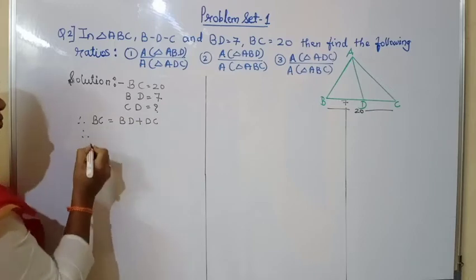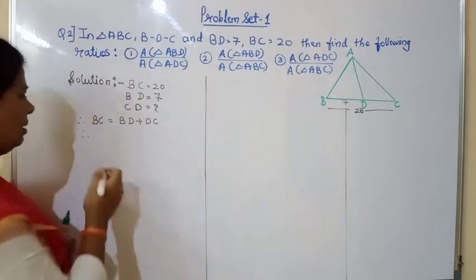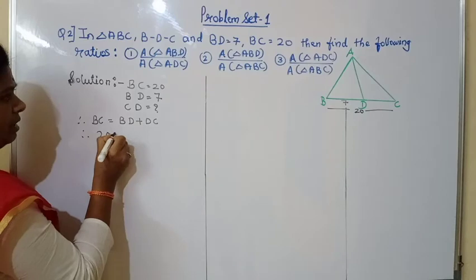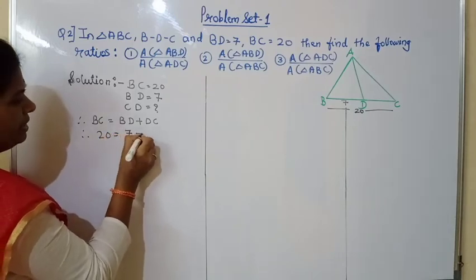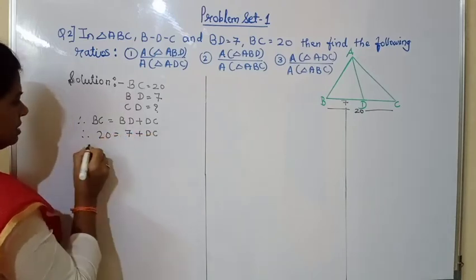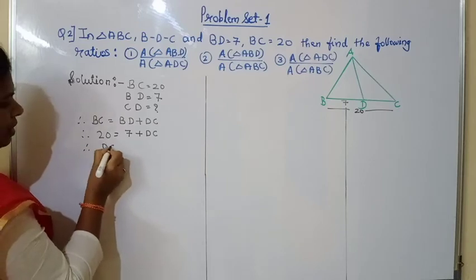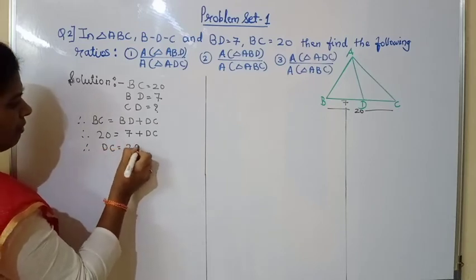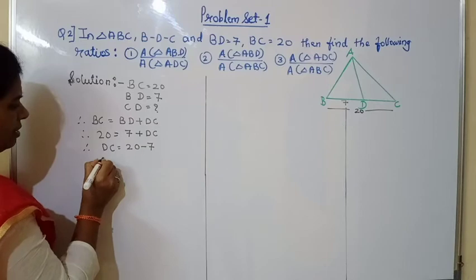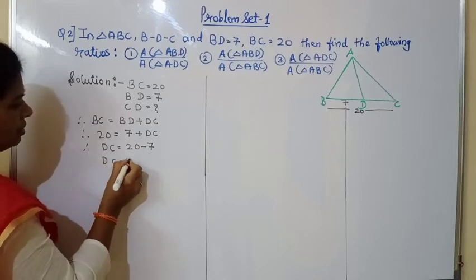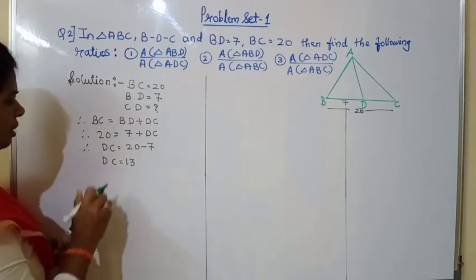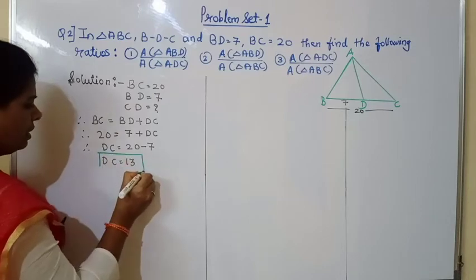Therefore BC is 20, which is equal to BD, that is 7, plus DC. Therefore DC is equal to 20 minus 7. So DC equals 13. Okay, so here we got the value of DC.